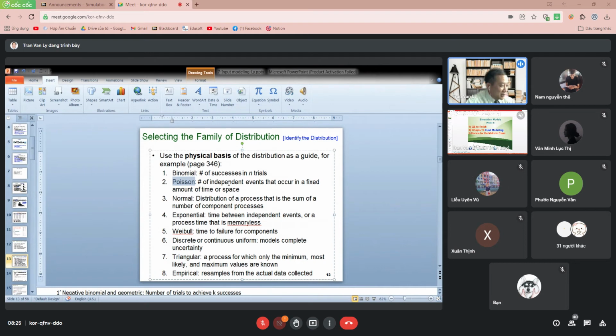So you can see, the events are independent. The previous vehicle and the next vehicle are independent, right? So vehicle arrival is an event, and it occurs in a fixed amount of time, every 5 minutes.